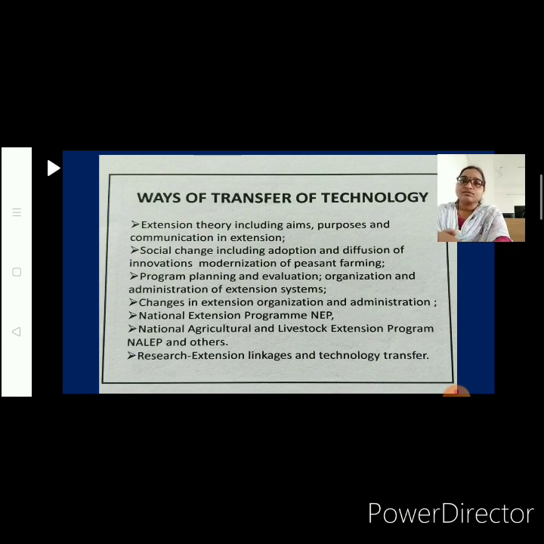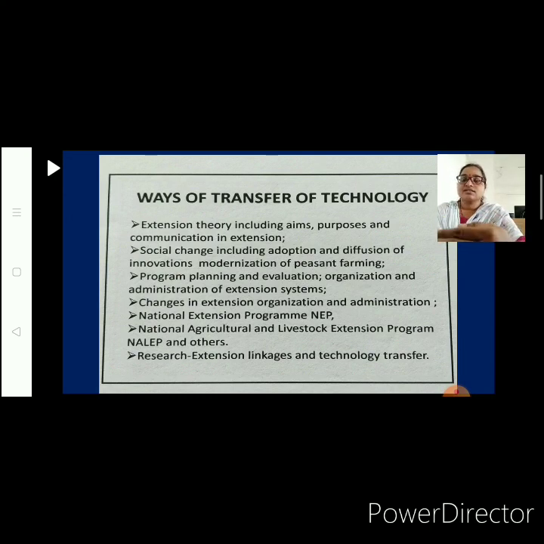In conclusion, we have to know that there are ICAR, the agriculture universities, the state agriculture departments, our Krushi Sahayak, then district level, taluka level and village level officers. They get the recommendations from the state agriculture department, state agriculture universities and national agriculture universities.